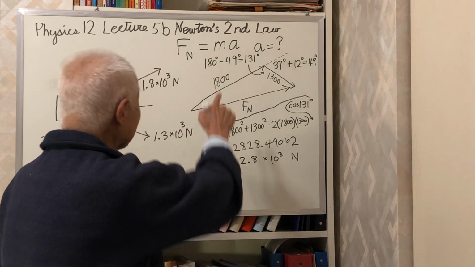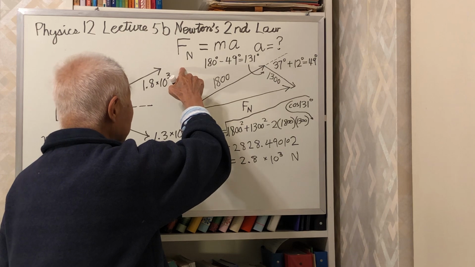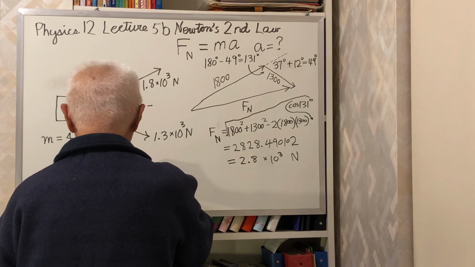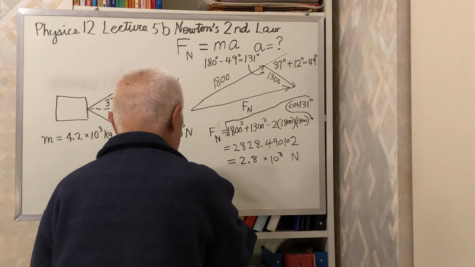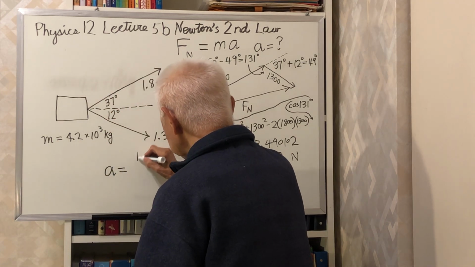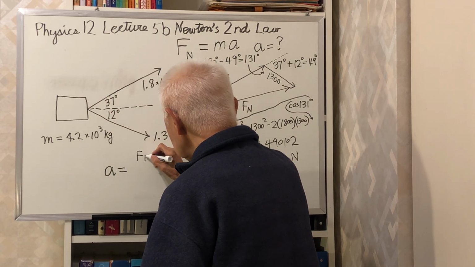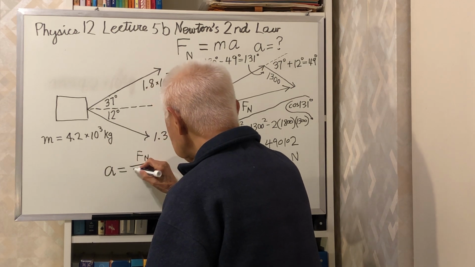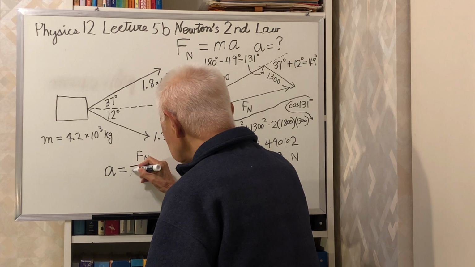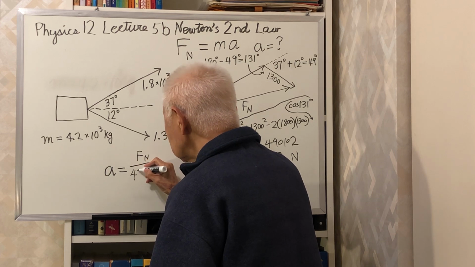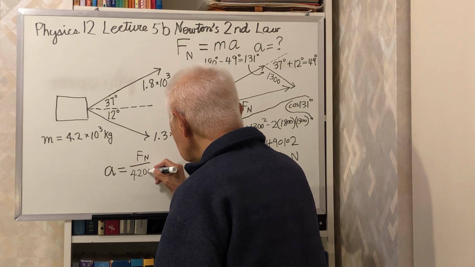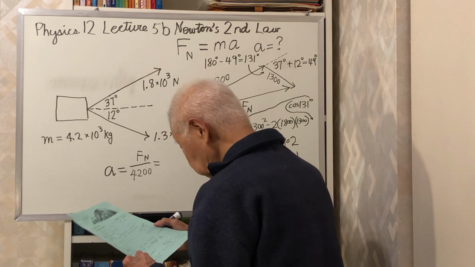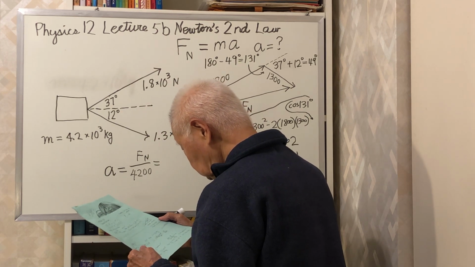To find the acceleration, divide the net force by the mass. So the acceleration is net force divided by mass. Mass is this. And you get an answer.